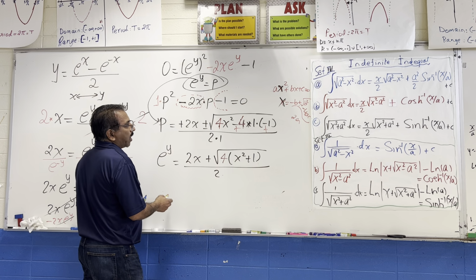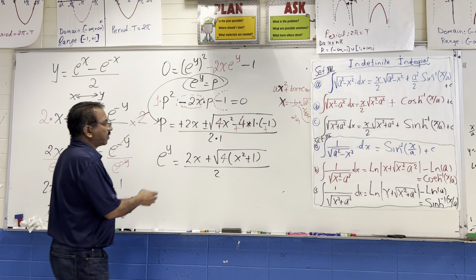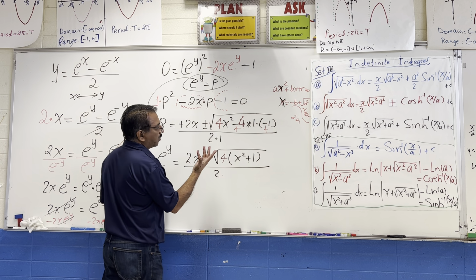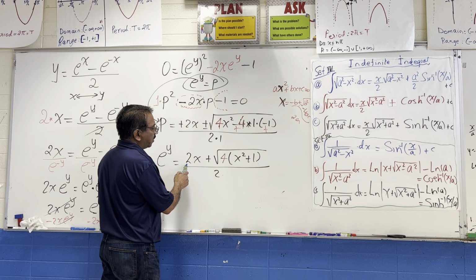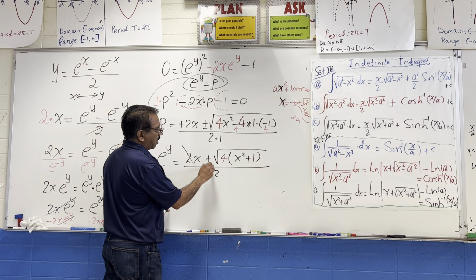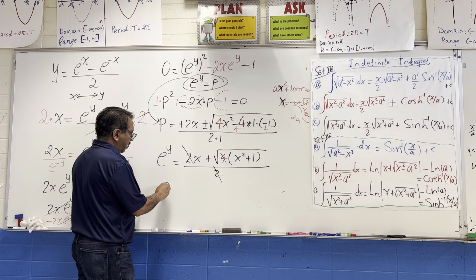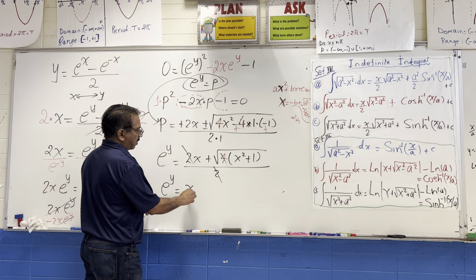Now, next step is, you can see this square root of 4 is going to be 2, and there is a 2 right here. So this 2 divides this 2, and also, so straight away we can cross out this 4. So what I left is e raised to y is x plus the square root of x squared plus 1.